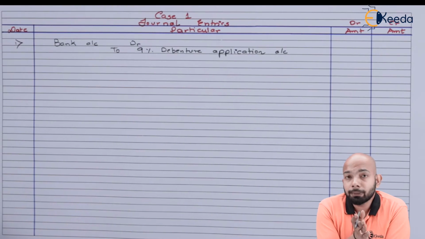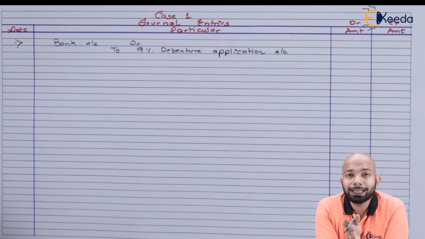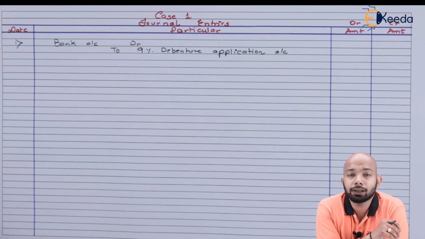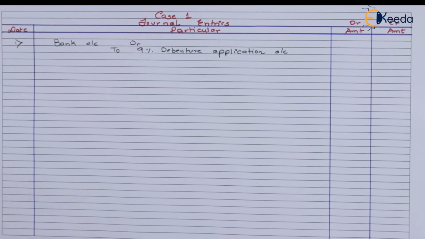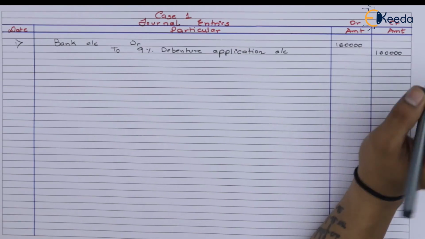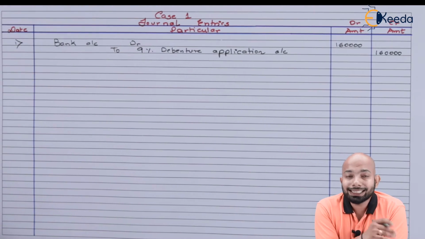The application money is 20 rupees per debenture. That means 8,000 multiplied by 20 will give you the total bank receipt, which is 1,60,000.